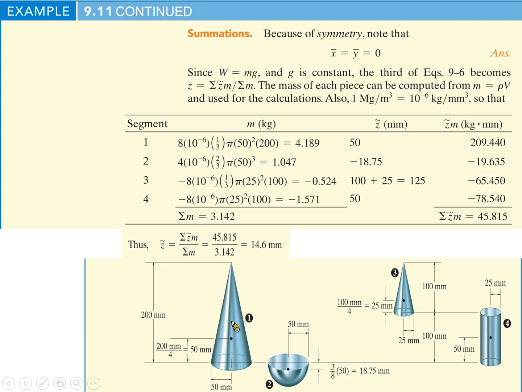And then it's a cone shape, so we use area times height divided by 3, which is the formula for a cone. And then we times by density, so it becomes mass. Okay, 8 times 10 to the power of -6 is the density.